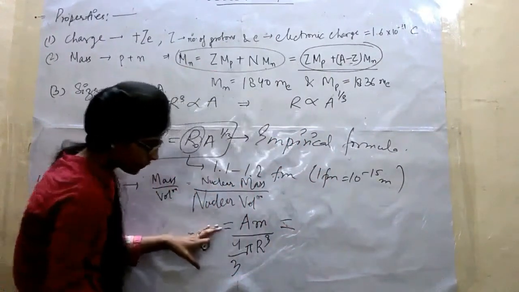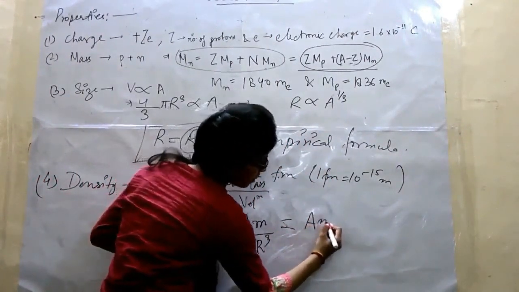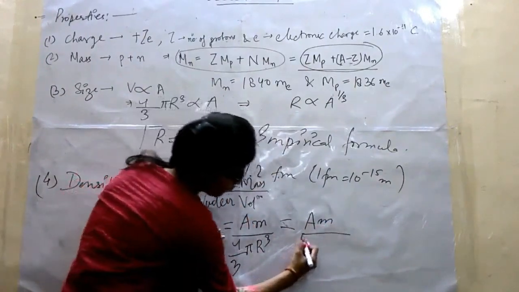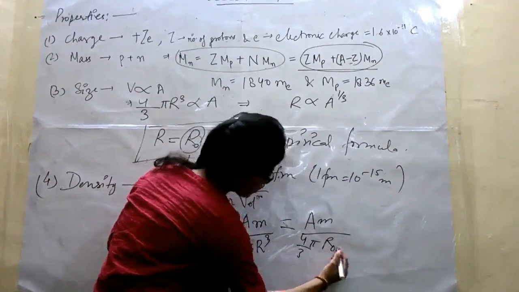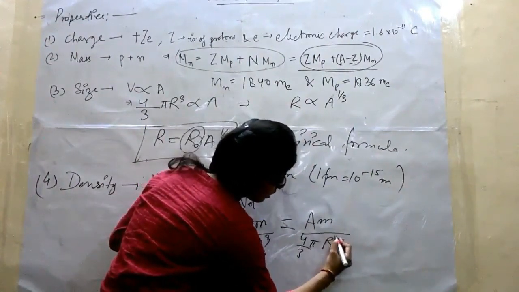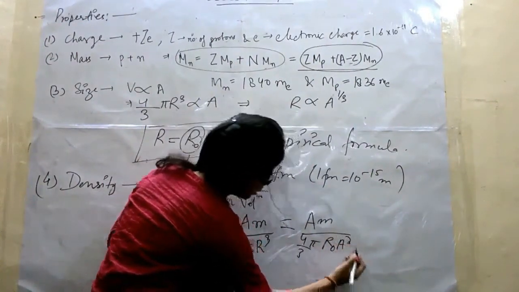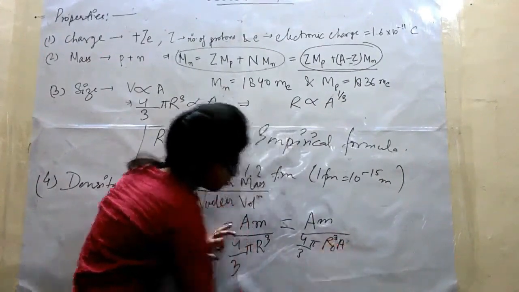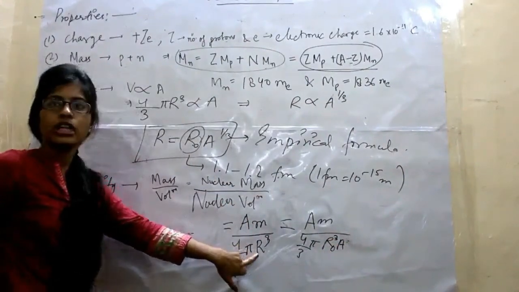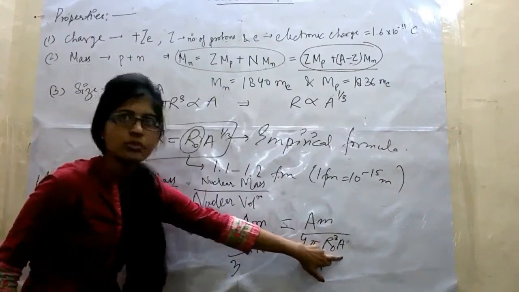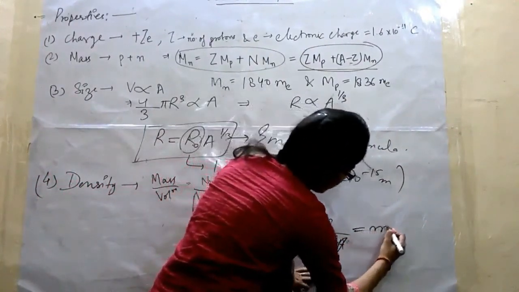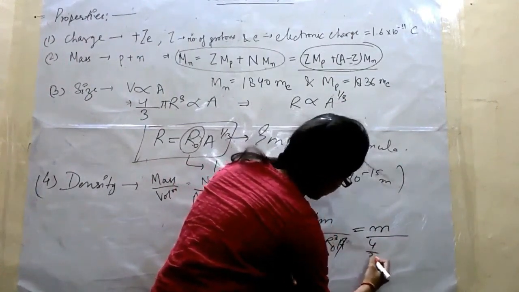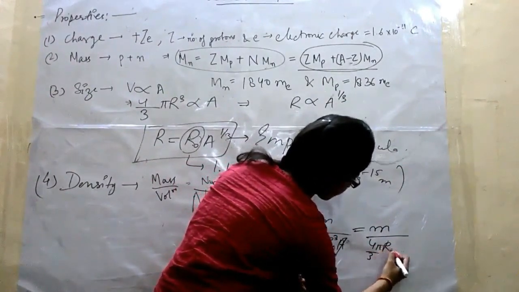We had it here, A into m, over 4/3 pi. We had r from the empirical formula, r naught A to the 1/3, so we got r naught cube into A. And from here the A cancelled out and we have m over 4/3 pi r naught cube.